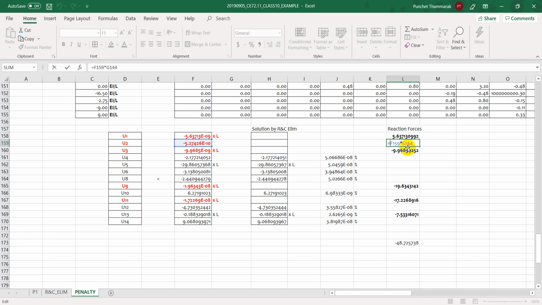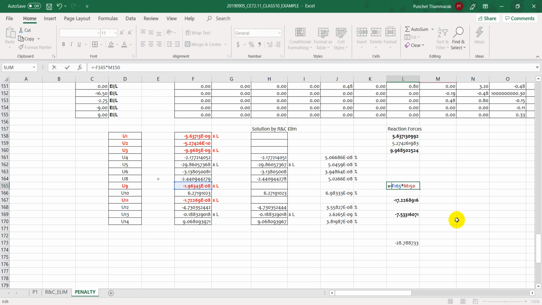So the displacement is going down. All right, displacement is going down. The K is positive. The reaction is actually on the opposite side to the displacement. So the reaction has to be minus times that displacement multiplied by K. That's the reason why we have this minus sign.